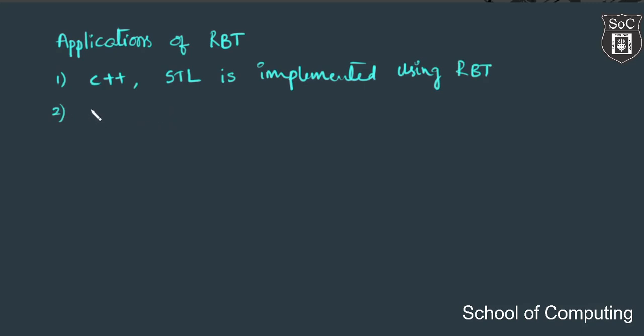Similarly, in Java, another famous object-oriented programming language, we have a concept called the map data structure, hash map, tree map. That map concept is implemented using RBT.